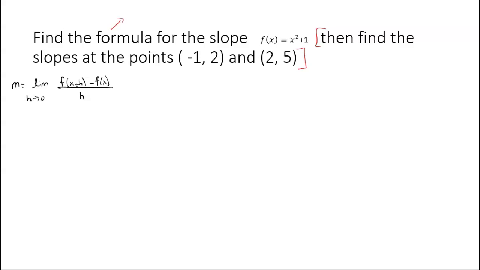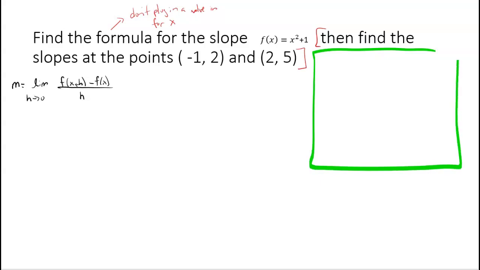So basically what we're going to do is not plug in a value for x. So what are we going to do instead? Well, what we're going to do off to the side is this. I already have something plugged into my function. I already have an f of something.